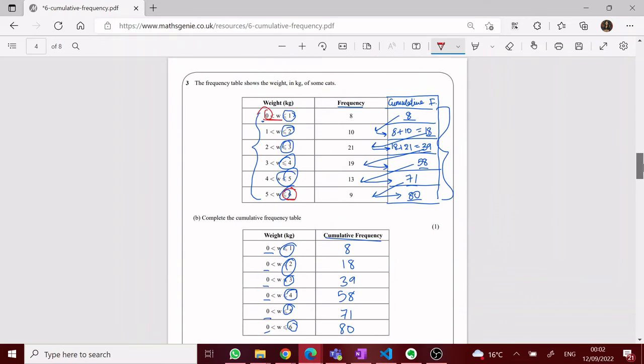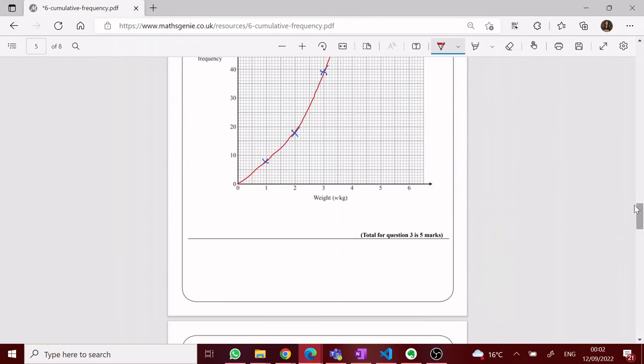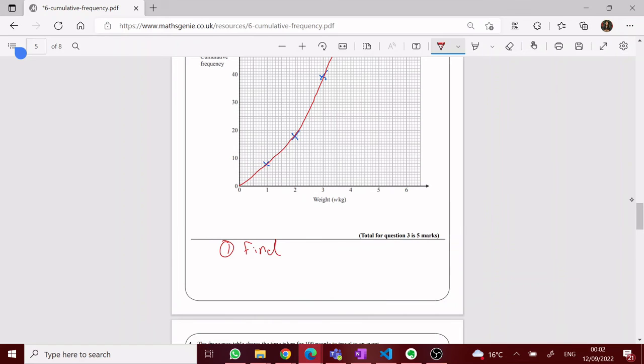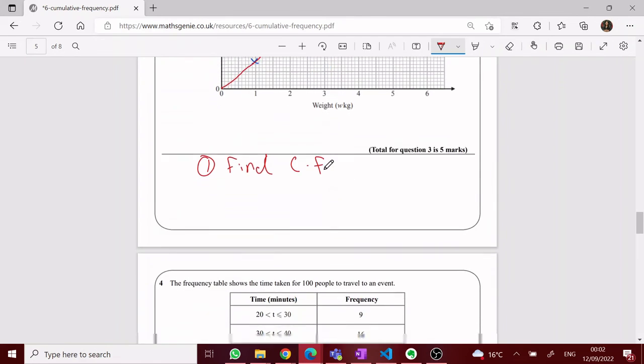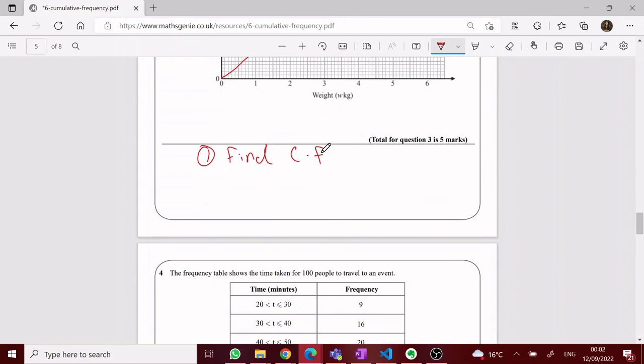So the 3 things you need to be careful about, I'm just going to write on the bottom. Thing 1, find cumulative frequency. If it's given, you don't really need to care about this step, but if it's not, you need to find it.